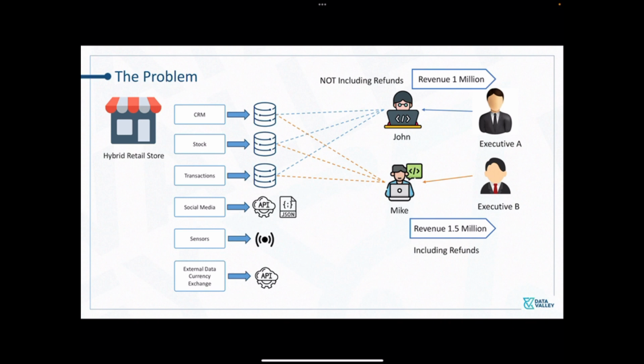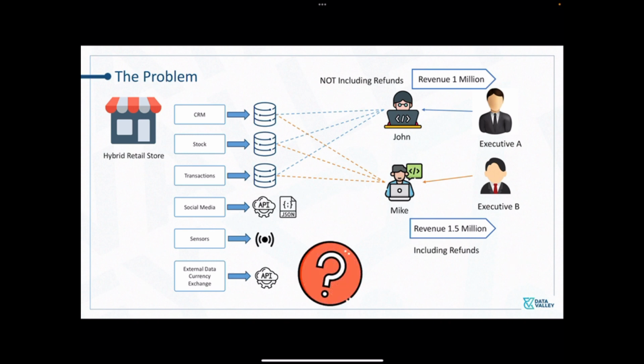So the revenue in Mike's report is 1.5 million. Maybe 500K is a large number to have as a difference, but this is just to give you an idea that the same KPI is calculated differently between two departments or two people in the same organization. So what is the problem?